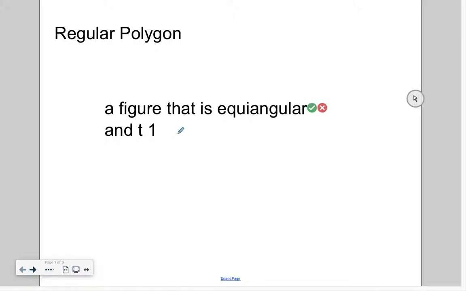I'm having to write it down here, but y'all get it. A regular polygon is a figure that is equilateral and equiangular. Now, a polygon is just another word for a two-dimensional figure, but that's the term that we use in geometry, so make sure you really understand what that means. And regular is what tells us that it's equiangular and equilateral.